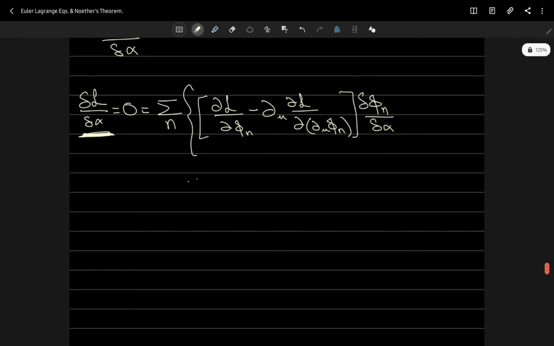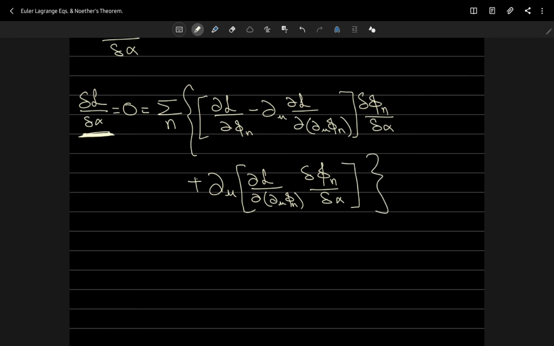And then we have another term as well, which is plus partial mu times partial L over partial partial mu phi n times delta phi n over delta alpha.